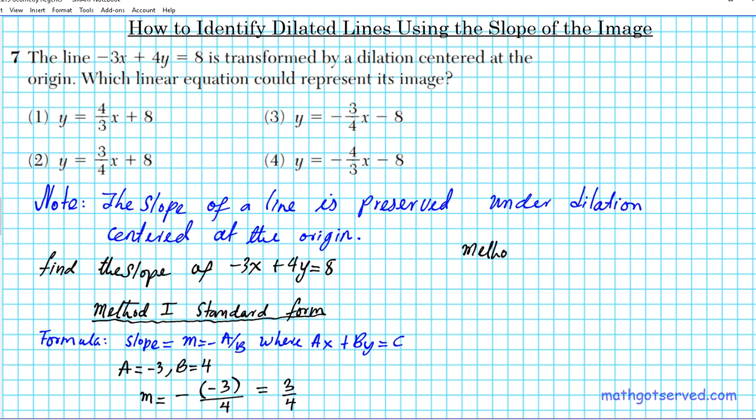All right, so let's use the second method to find the slope, if you don't like the method that we just used. Method 2 is the slope-intercept form. How do you find the slope of a line if it is in slope-intercept form?